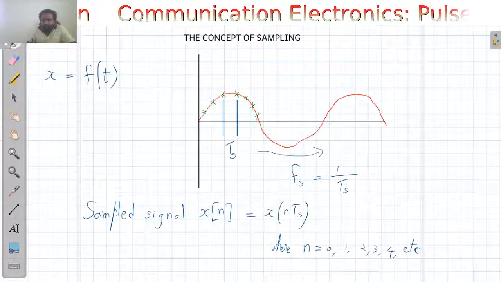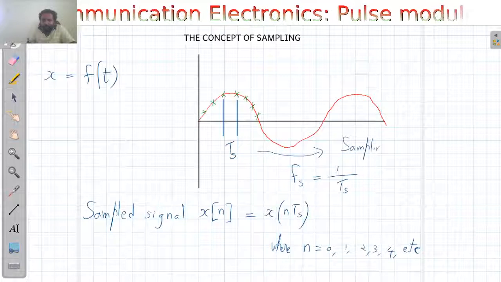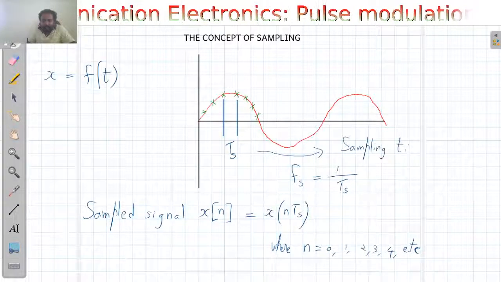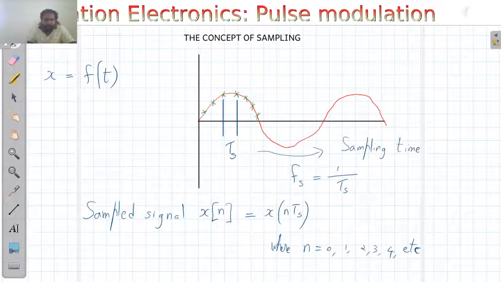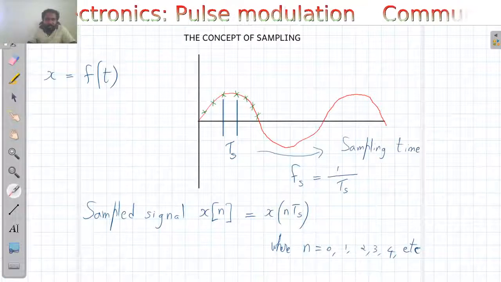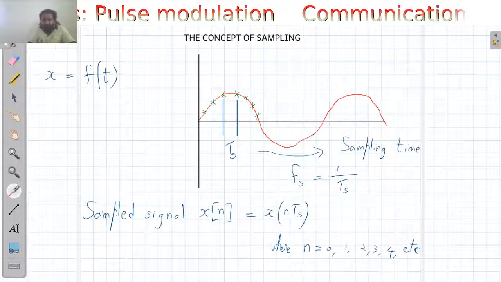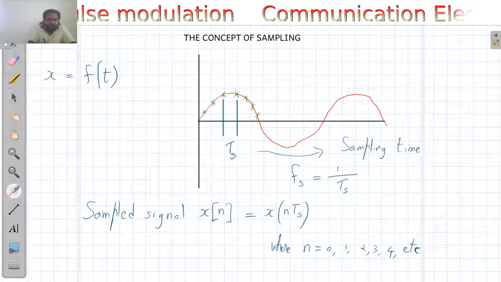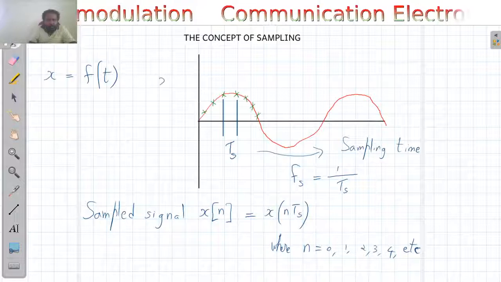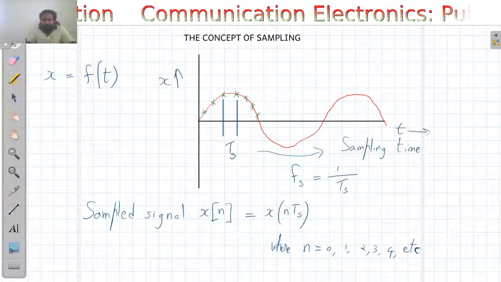So this is called sampling time. In this graph I have represented x as a function of time, with time on the y axis.